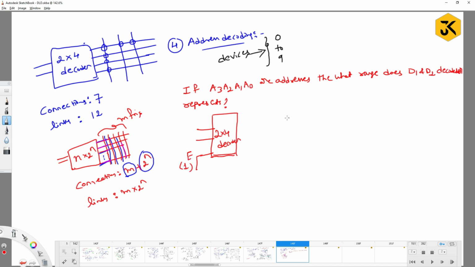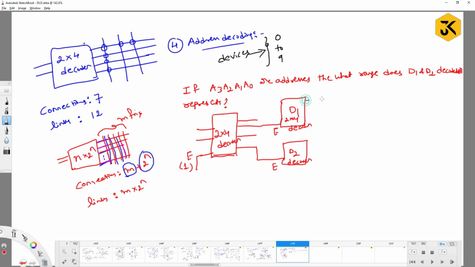They have defined 2 more devices, one is D1, another one is D2, of the same size, 2 by 4 decoder, and they connected like this. These 2 are enable lines. And if it is a 2 by 4 decoder, how many output lines are going to be there? 4 output lines are going to be there.